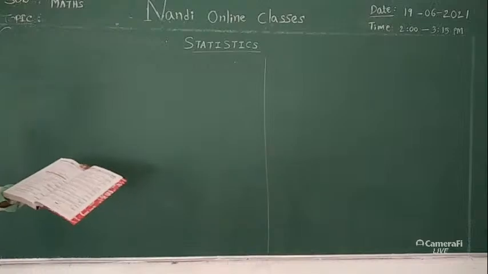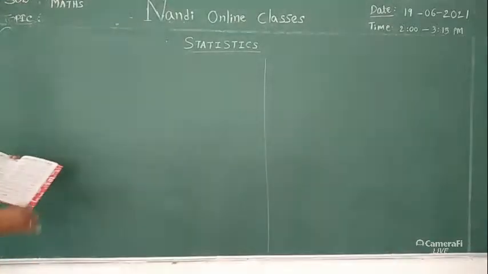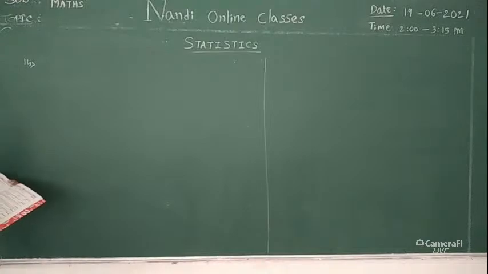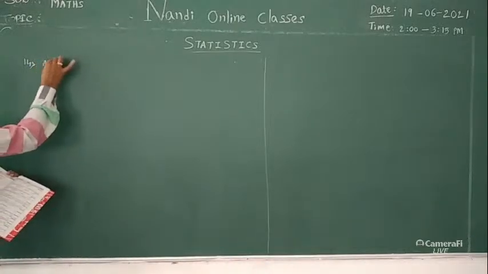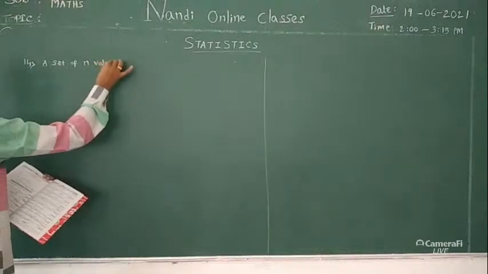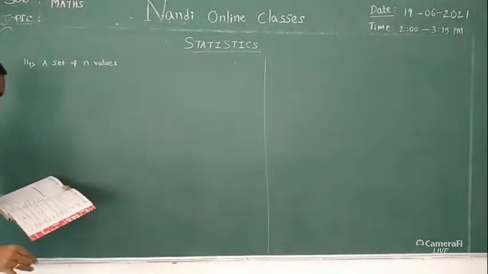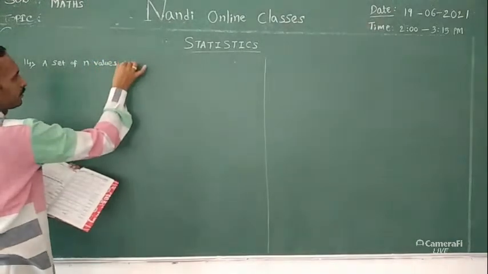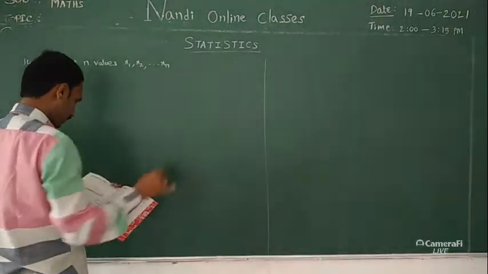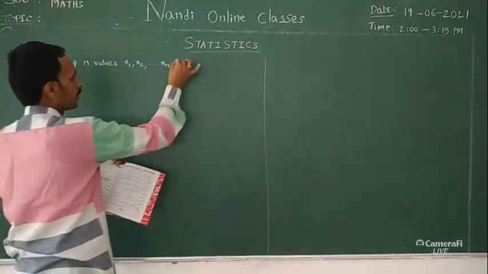Okay. Problem number 14. A set of n values x1, x2 and so on xn has standard deviation sigma.